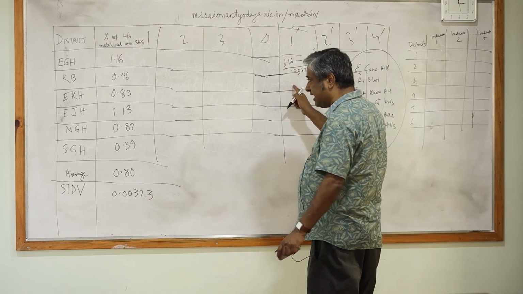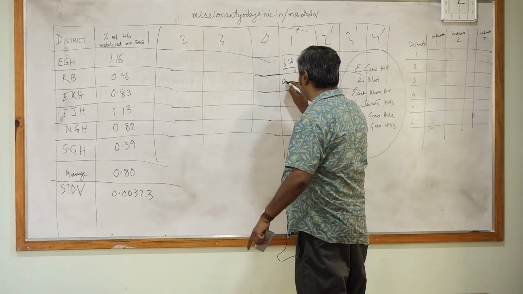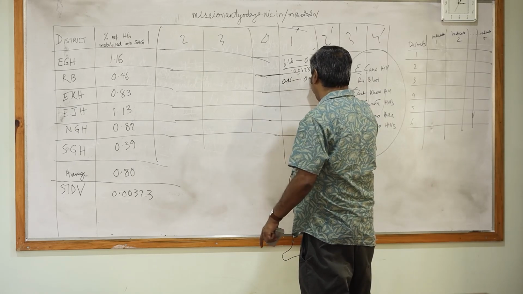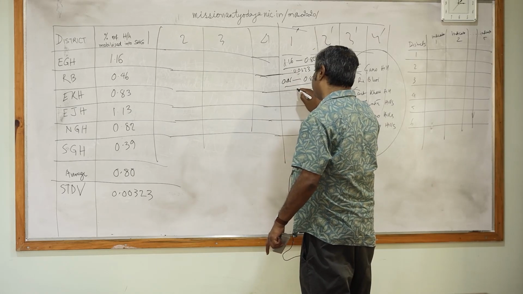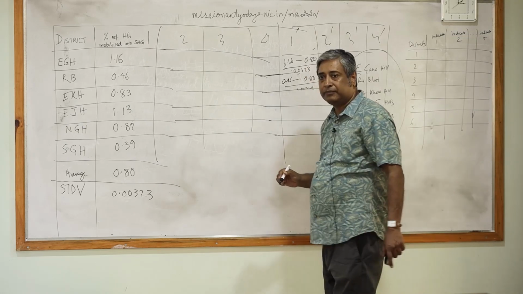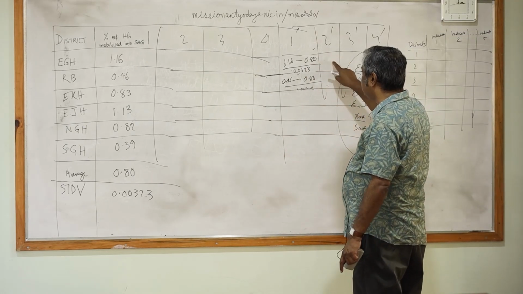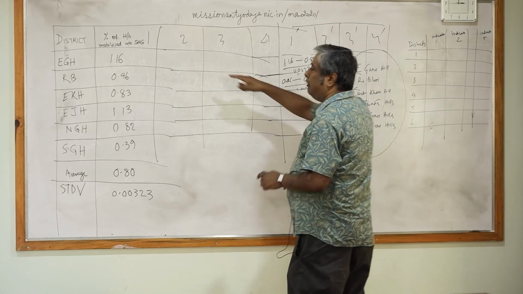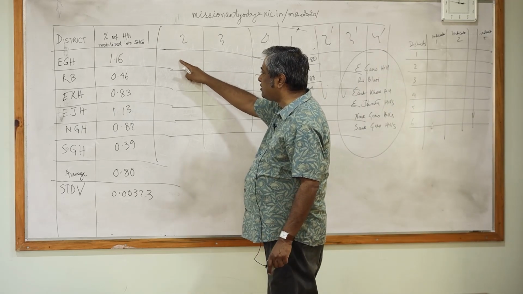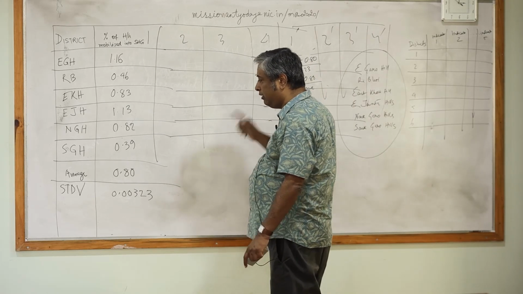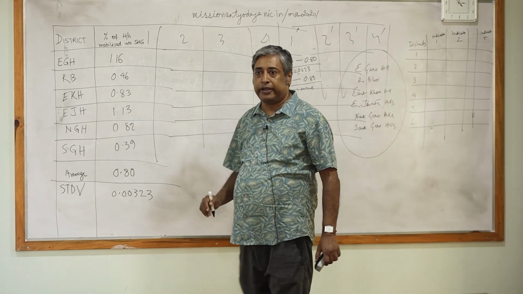In the next cell, the observation is 0.46, minus average, which will be the same. Standard deviation will also be the same. For the second column, whatever is the observation here, you put it here, minus whatever is the average, and divided by whatever is the standard deviation.